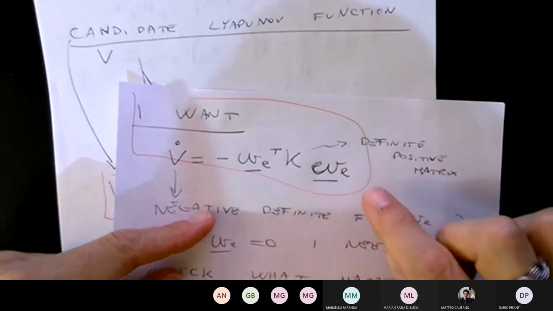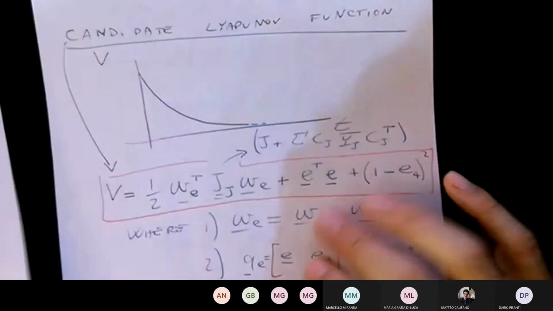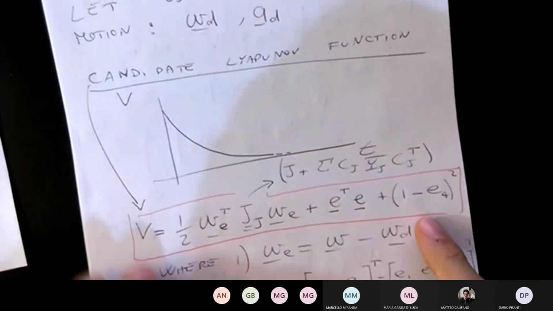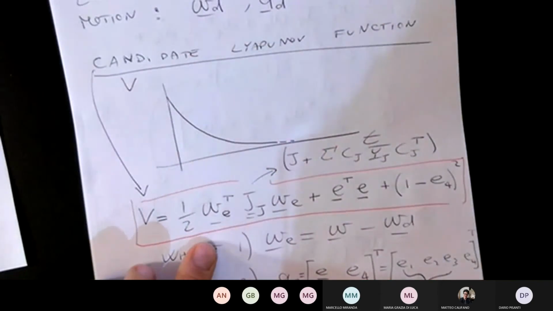If I can make this happen, then my system will be Lyapunov stable. In other words, this function that contains all these error combinations will go down because its time derivative is negative, and in turn the errors will converge to 0.